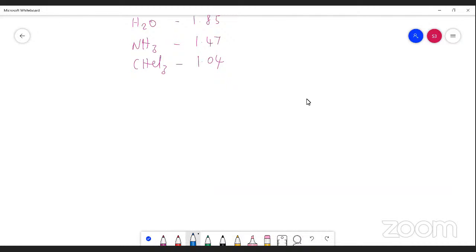Okay. Now the percentage of ionic character in a polar covalent bond can be determined using the Pauling method. It depends upon the electronegativity difference between the two atoms.